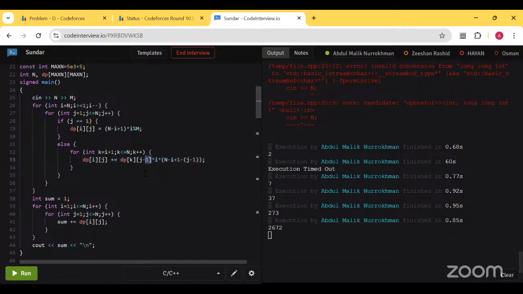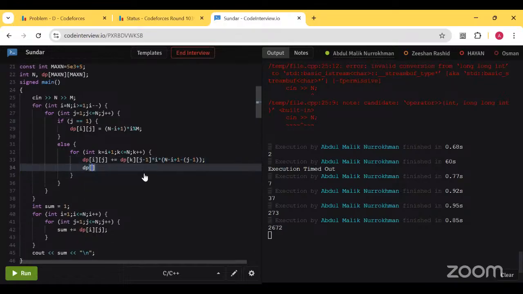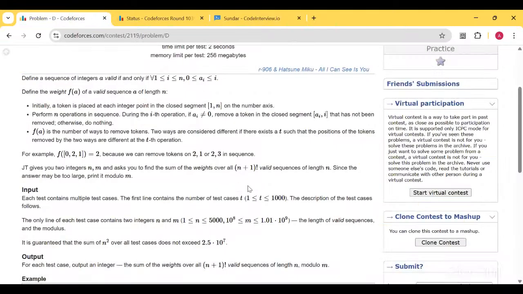So this is M. I think this will overflow. Add modulo here. I think for this it is also enough. 5,000 squared.